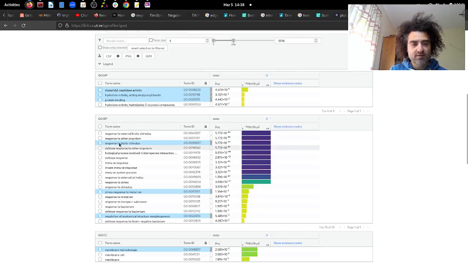So there is indeed this term here, response to biotic stimulus, that has a p-value of 5.7 times 10 to the minus 44, which means that, let's see the details here.